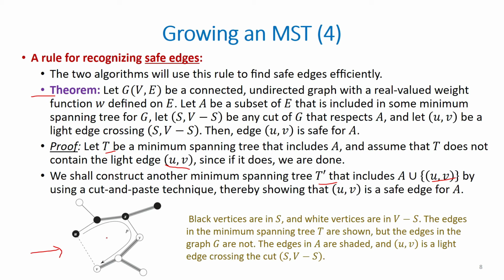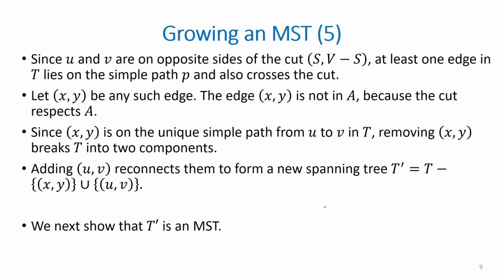So, if T is an MST and does not contain the edge UV, it implies that there should be some other edge along the path P that connects U and V, shown here, that crosses the cut. Otherwise, it would not form an MST. Let this edge be called XY.